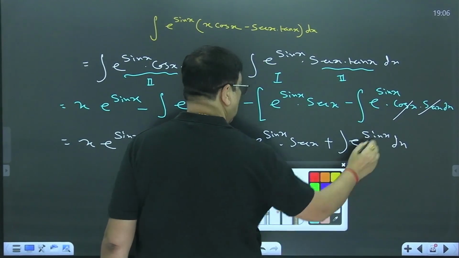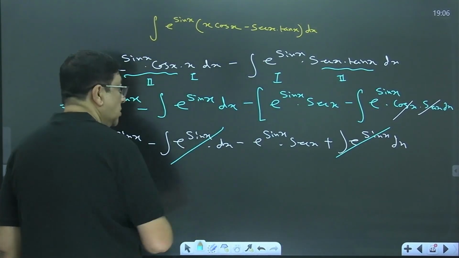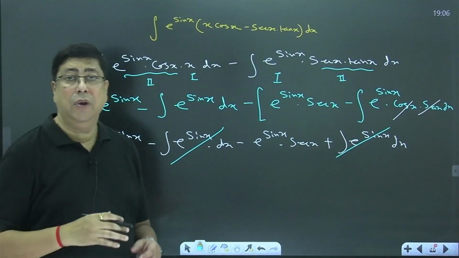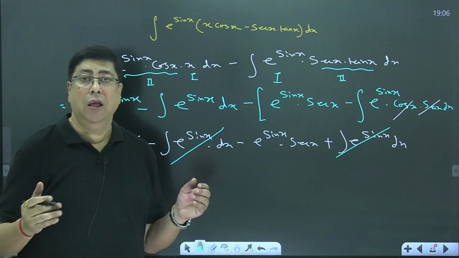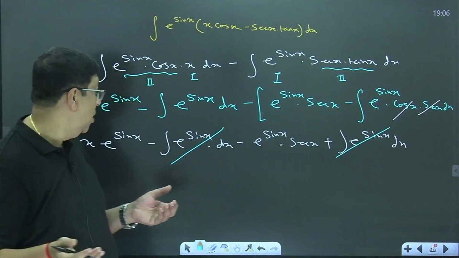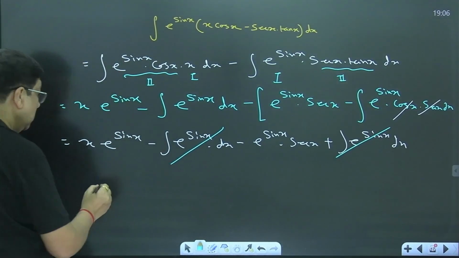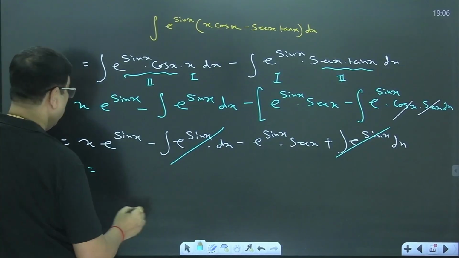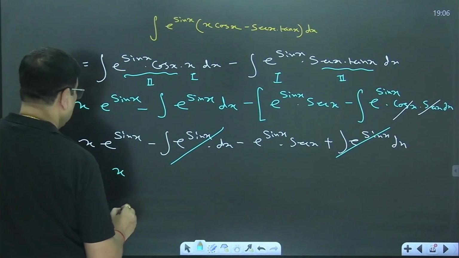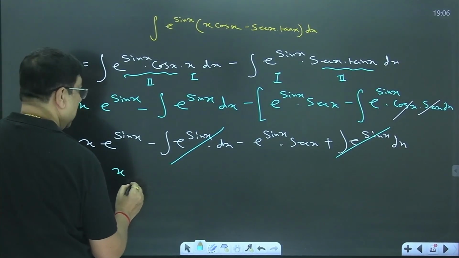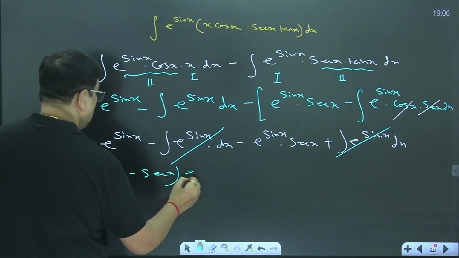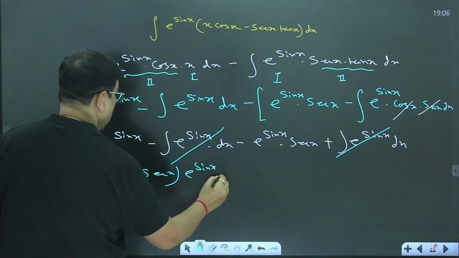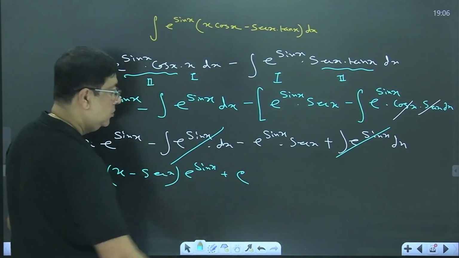So this integration will go to the cancellation. So everybody, you have to practice in such a way that by seeing the sum you can identify what is going on. I'll just give more and more such sums. So we are getting the final answer, x e to the power sin x minus sec x into e to the power sin x plus c.